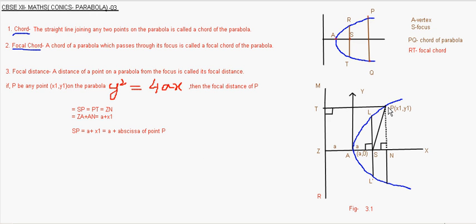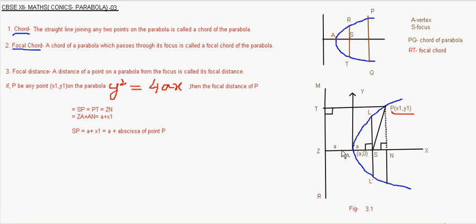So we can say if P is any point on the parabola y square is equal to 4ax, then the focal distance of P, what is the focal distance of P? That is equal to SP. We know SP is equal to PT, which we have done in the previous classes. So PT can also be written as Zn.